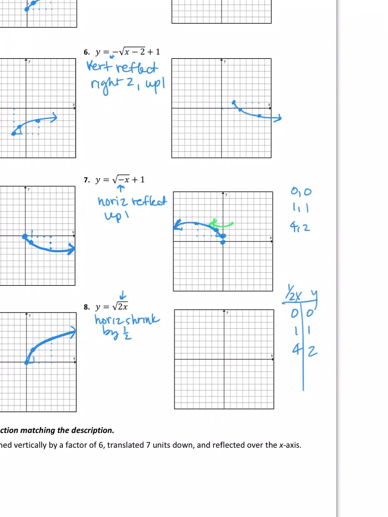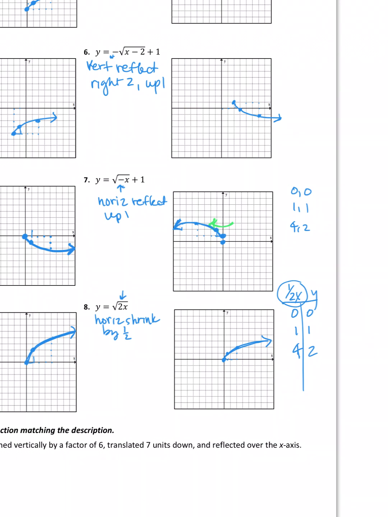All right, take my x value and cut it in half. So it's not moving up, down, left, or right. So I'm still starting at 0, 0, because half of 0 is still 0. Well, half of 1 is 1/2. So I go 1/2 over and up 1. And then half of 4 is 2. And I go up 2. So it's horizontally shrinking it this way. Okay? So it's 1/2.